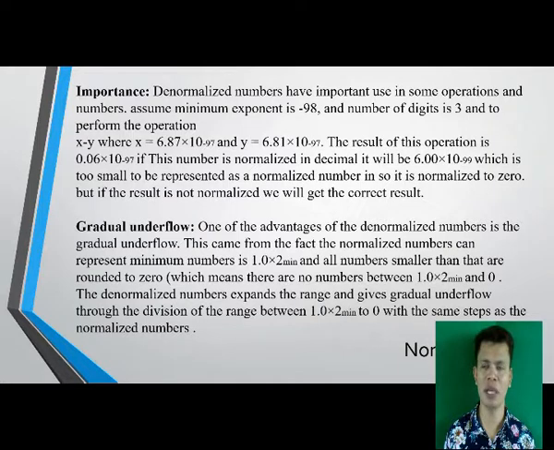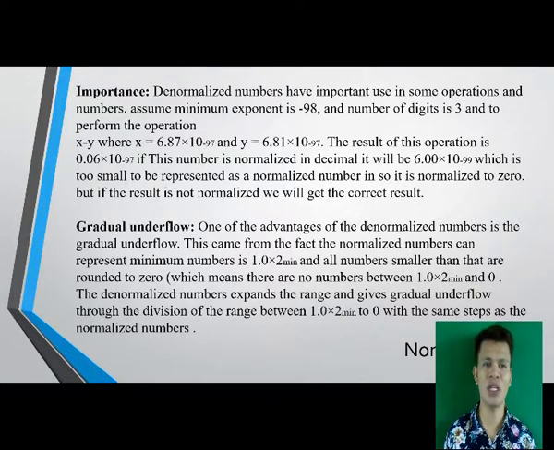Assume the minimum exponent is negative 98 and the number of digits is 3, and to perform the operation x minus y, where x is equal to 6.87 times 10 to the negative 97 and y is equal to 6.81 times 10 to the negative 97.